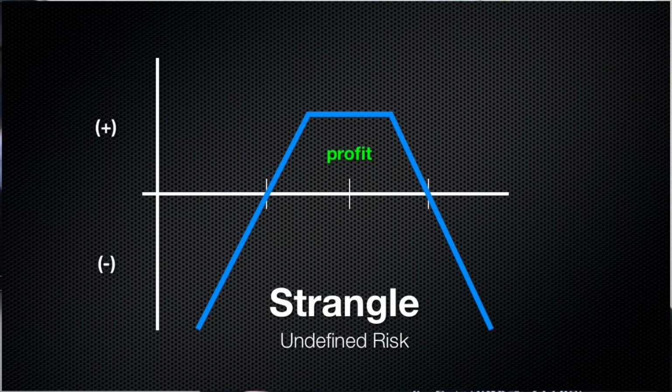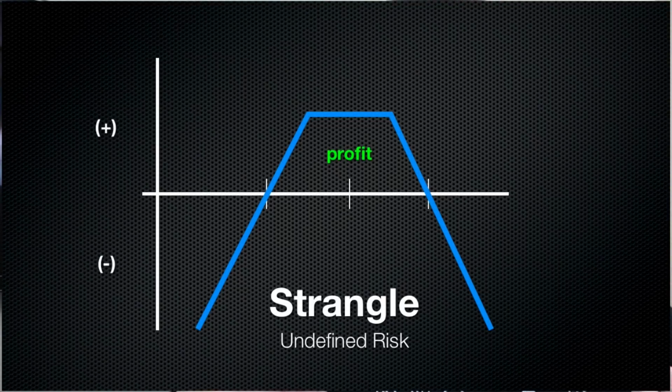However, here's another strategy that's very similar to the iron condor in terms of its profit tent, but it doesn't have those feet. And this is what we call an undefined risk trade. Now, with an undefined risk trade, and I mentioned this in the previous video, like this or like a naked put, it has a lot more risk associated with it, but we can still get that down to a fairly manageable range or expected move.